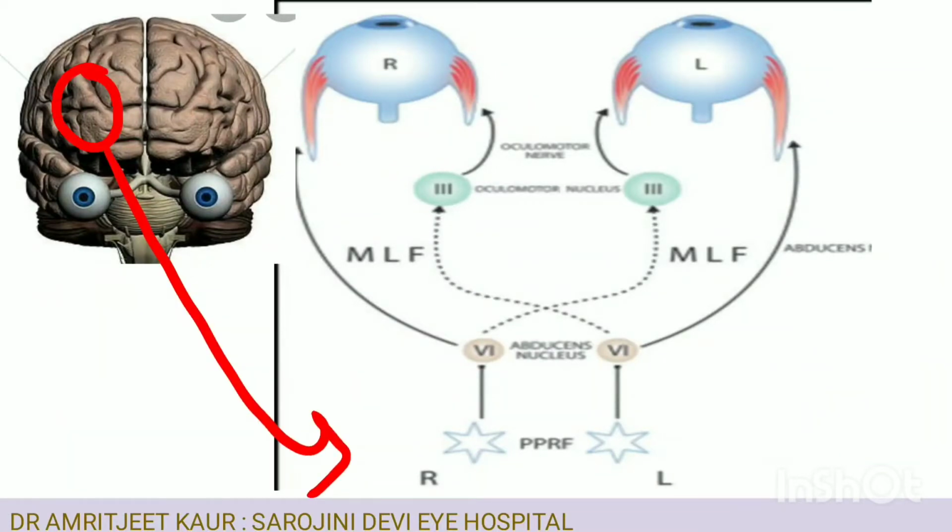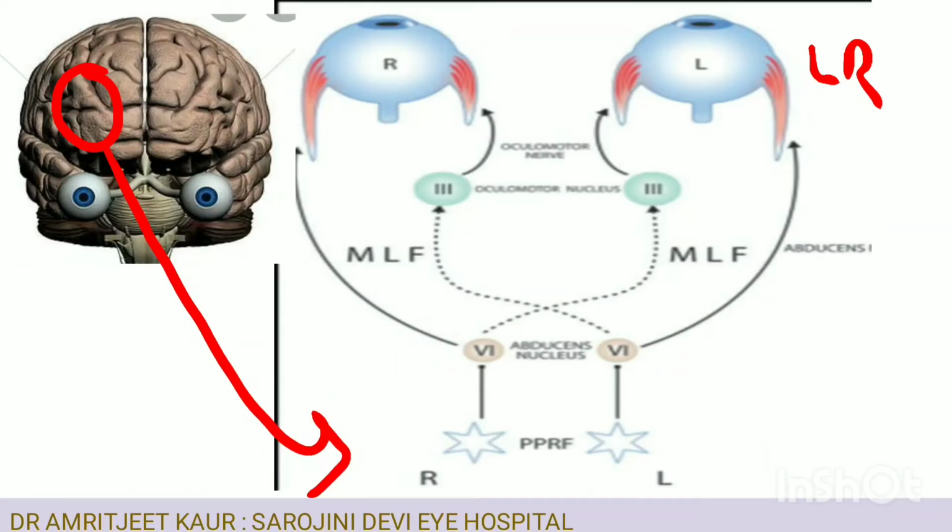Our right frontal eye field goes and stimulates the left-sided pathway. The first part of the left-sided pathway is the paramedian pontine reticular formation, also called the PPRF, and it is located in the pons. The PPRF next stimulates the sixth nerve nucleus.